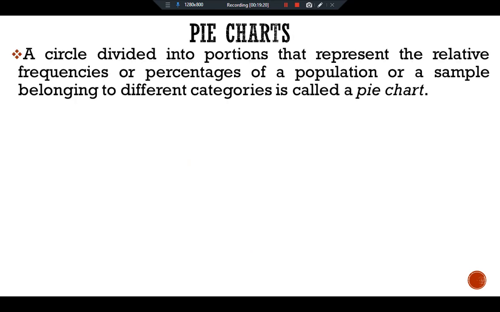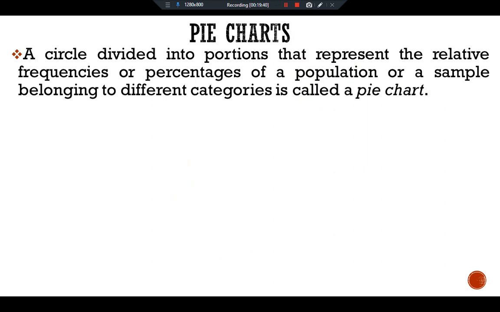Dear scholars, a circle divided into portions that represent the relative frequencies or percentages of a population or a sample belonging to different categories is called a pie chart.